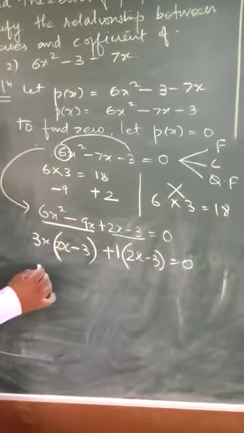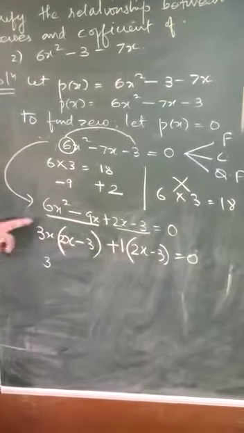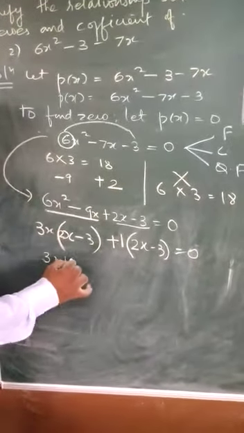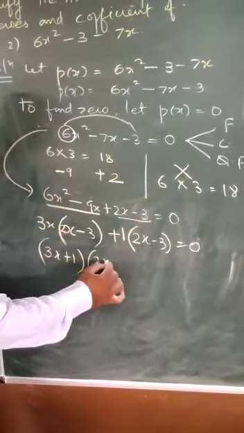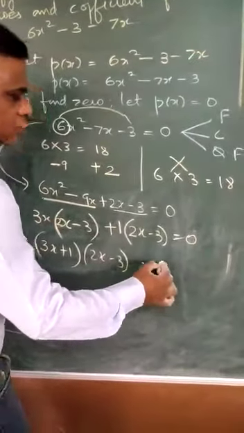Therefore the factors are 3x plus 1 into 2x minus 3 is equal to 0.